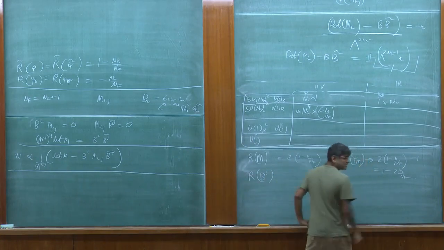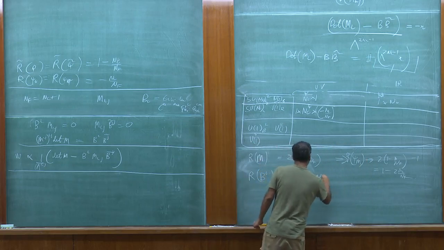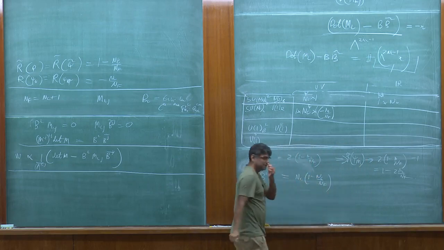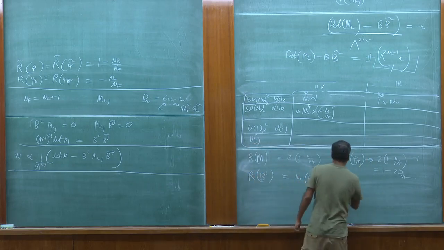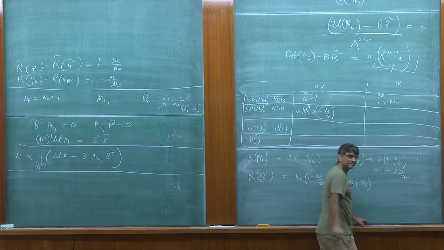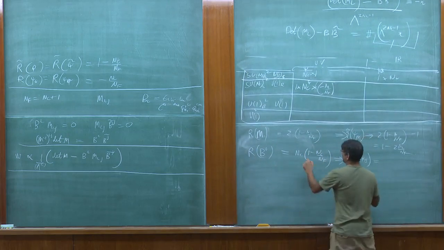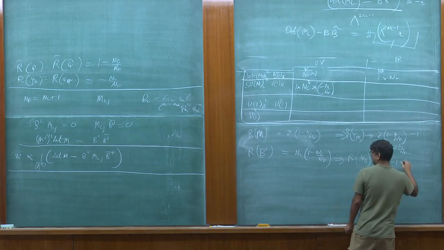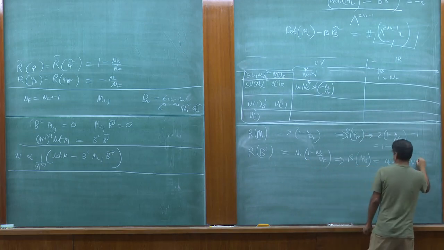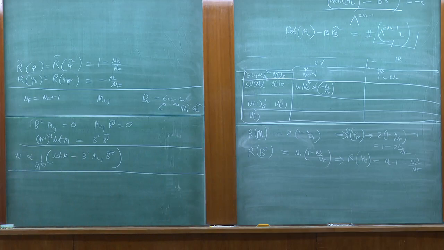The R charge of Bi is equal to Nc into 1 minus Nc by Nf, which implies that the R charge of psi b is equal to Nc minus 1 minus Nc squared by Nf. Is this clear? Okay.